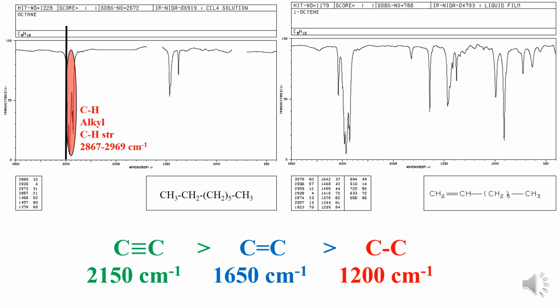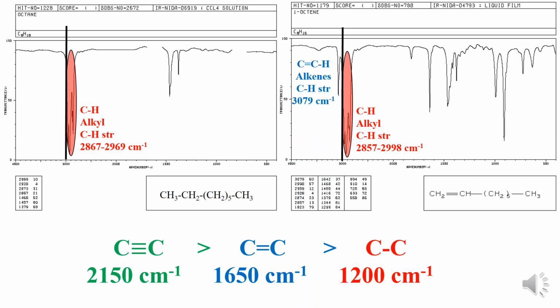So that is why it is recommended to draw a reference line at around 3000. For alkanes, it will be less than 3000, and for alkenes and alkynes, it will be more than 3000 centimeter inverse. So even in case of octane, you will find the CH stretching bands at around 2857 to 2998 centimeter inverse.